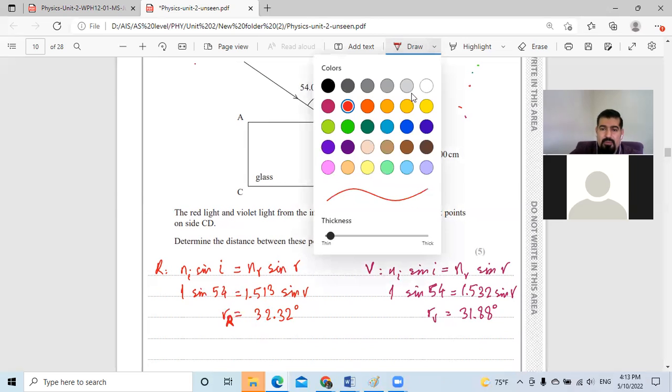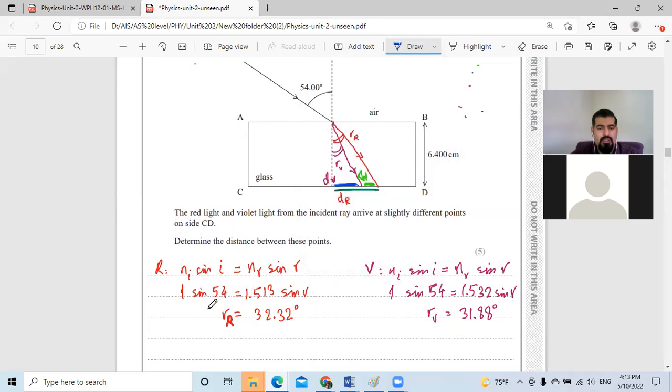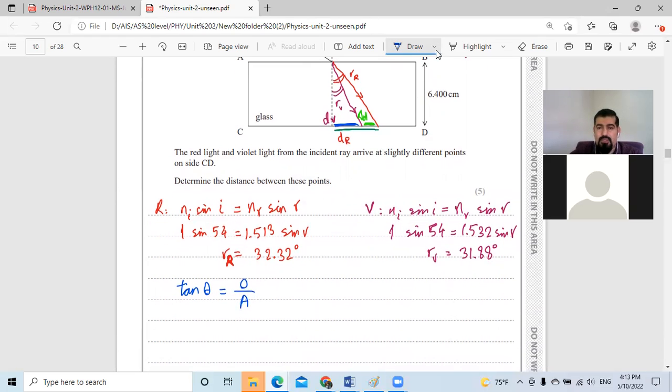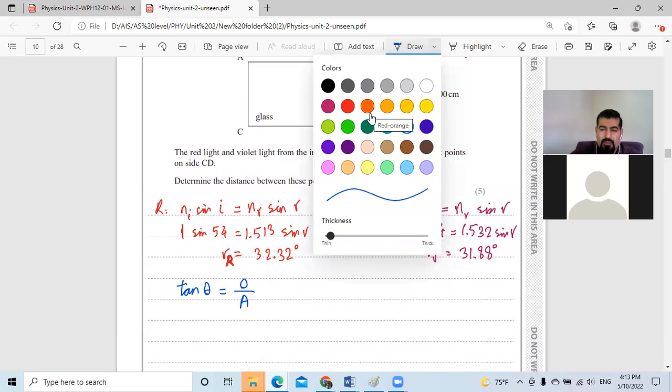Now I'm going to continue here to find the distance for the red, by using tan. So we know that tan theta equals opposite over adjacent. I'm going to use it once for the red and once for the violet.